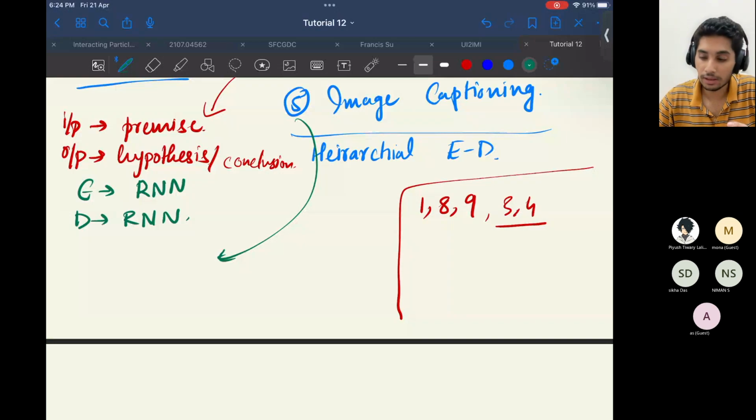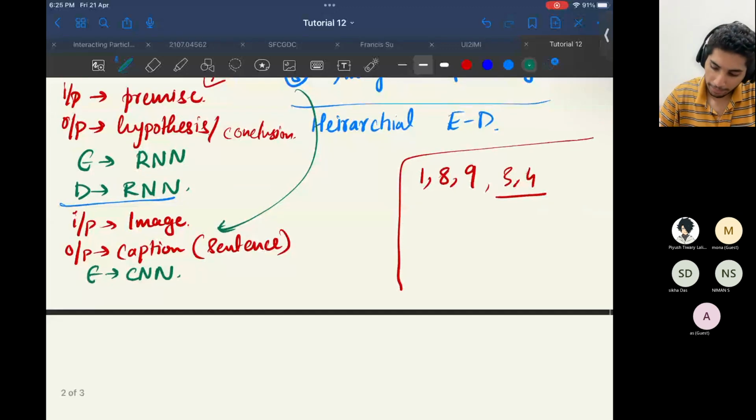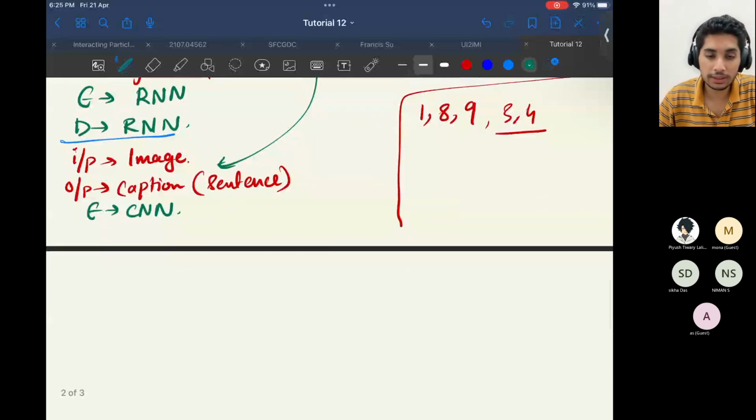However, the decoder in this case has to deal with sentences, it has to output a sentence. The only architecture that we know which deals with sentences is an RNN. So the encoder is going to be a CNN and your decoder is going to be an RNN.